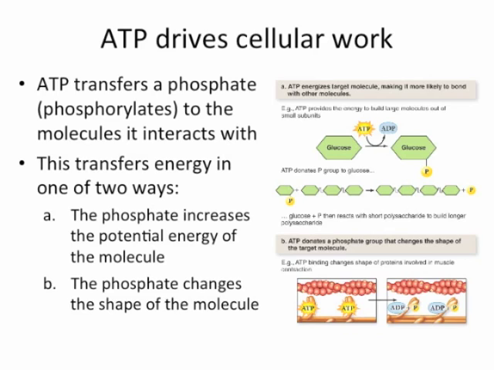So that's this first way. The second way, the phosphate could physically interact to change the shape of the molecule, and this is what happens when your muscles contract. If you remember back, we had actin and myosin. Myosin was a motor protein. Myosin has little heads that attach to actin, and when they become phosphorylated, the heads will bend, and that causes them to pull closer together, and that's how your muscles contract, by the bending of the heads using the energy of ATP.